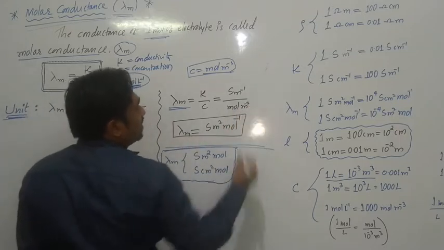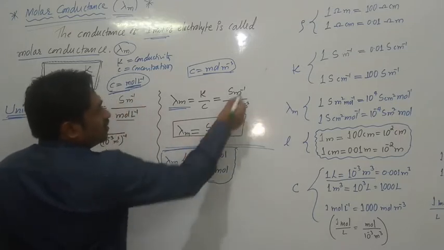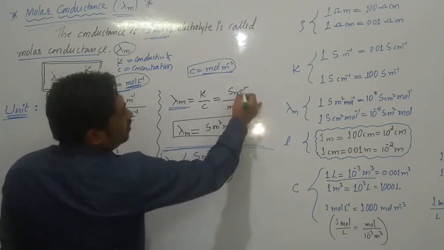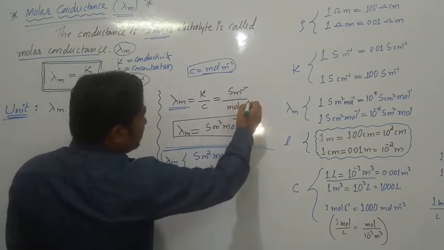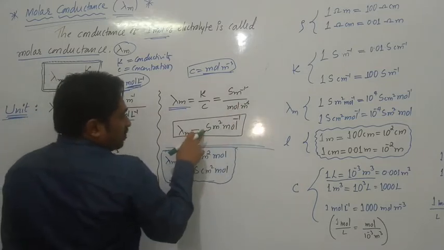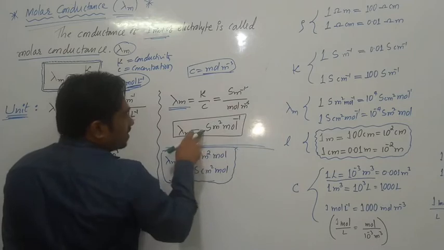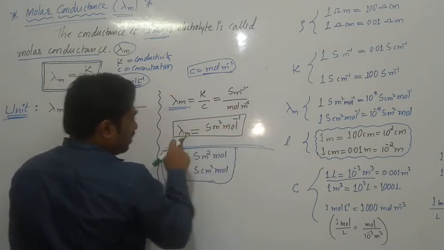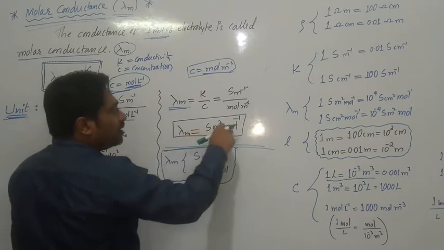Per meter and per cubic meter cancel, and what remains is meter squared. Siemens per meter square. Siemens meter square per mole.